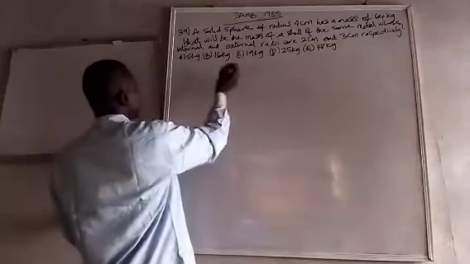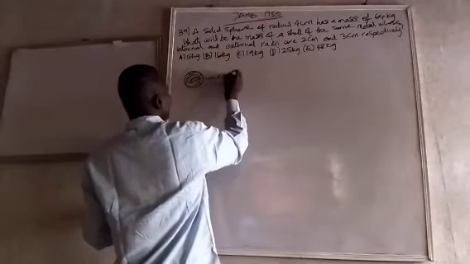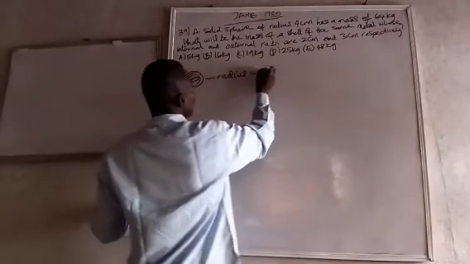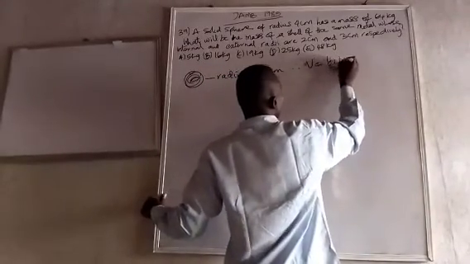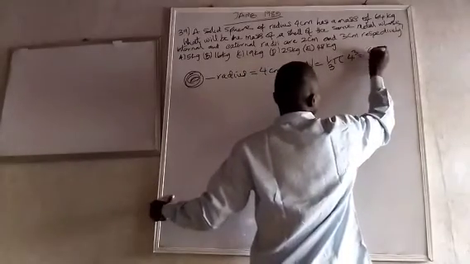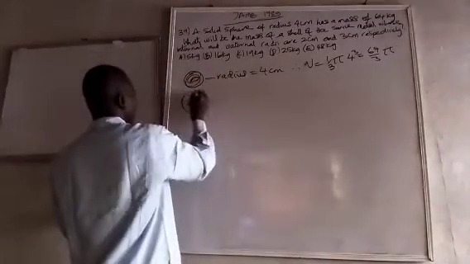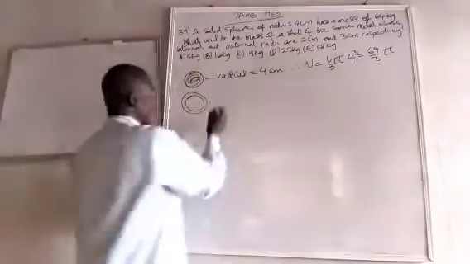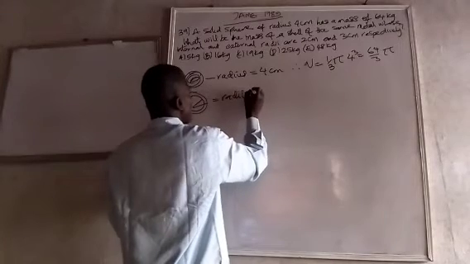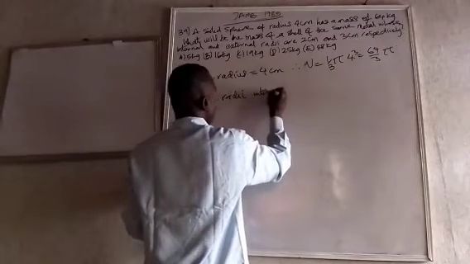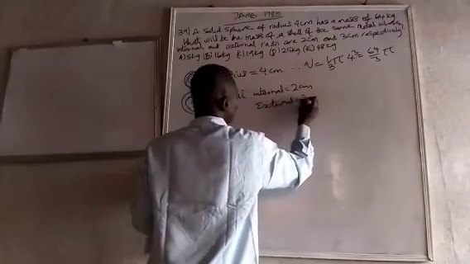You are told that the radius of the solid sphere is equal to 4 cm. Therefore, volume is equal to 4 over 3 pi times 4 cubed, which is 64 over 3 pi. Now, for the shell, the volume of the material, we are told that the internal radius is 2 and the external is 3.